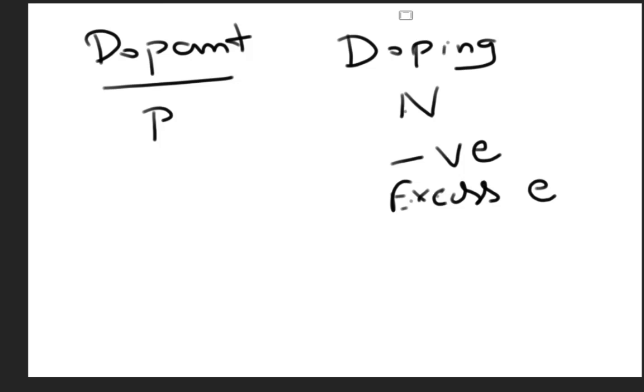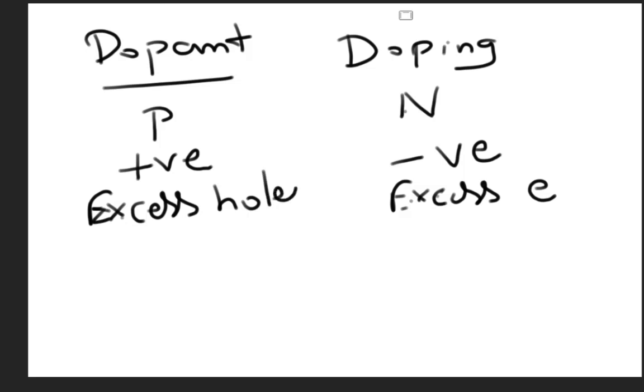If the dopant has excess holes or lack of electrons positively charged, then the semiconductor material will have excess holes and is likewise positively charged and called P-type semiconductor.